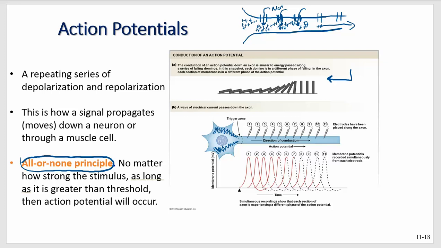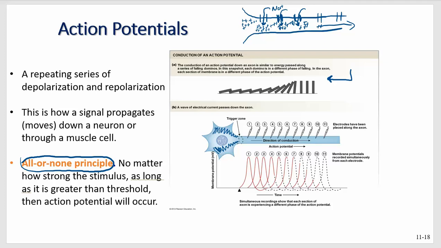It doesn't matter if you hit that first domino with a truck, if you hit it as hard as you can, it's not going to matter. The rest of these dominoes are going to just fall like they would have fallen no matter what. You can't make an action potential signal down the axon stronger or faster just by giving it a bigger hit from the beginning. It just goes and does what it does. So no matter how strong the stimulus, as long as it is greater than the threshold, the action potential will occur, and that's it.